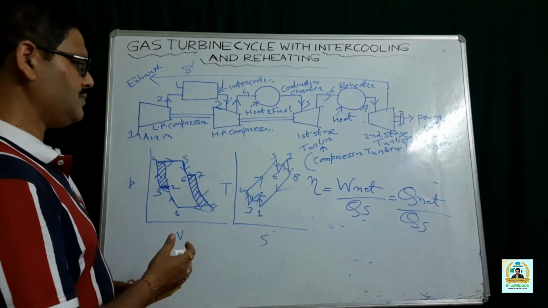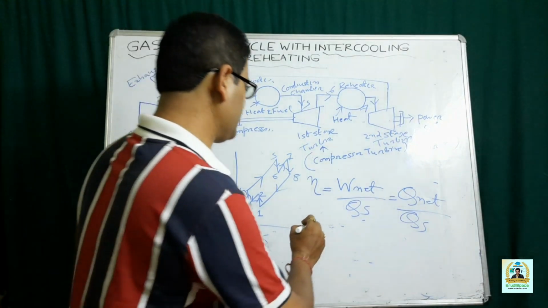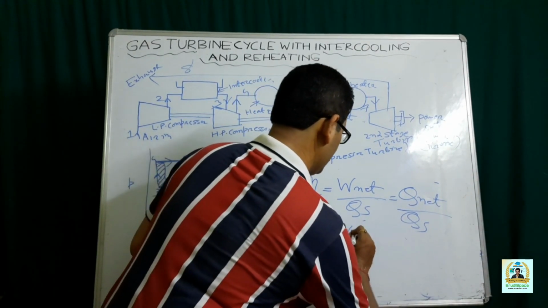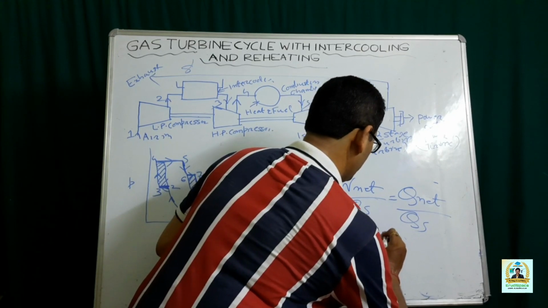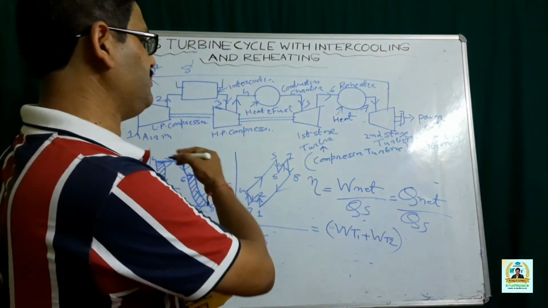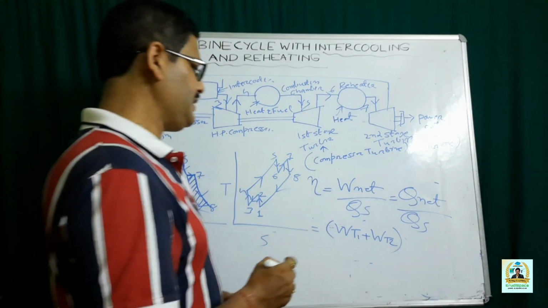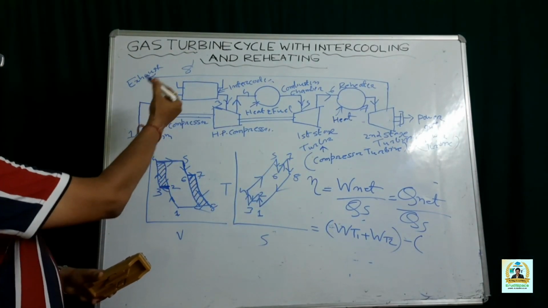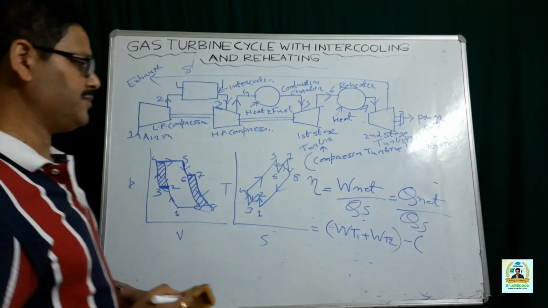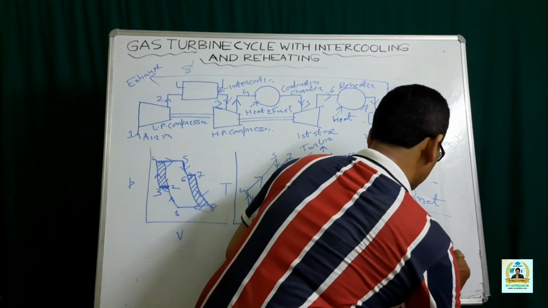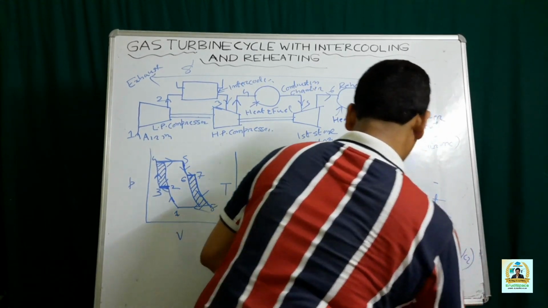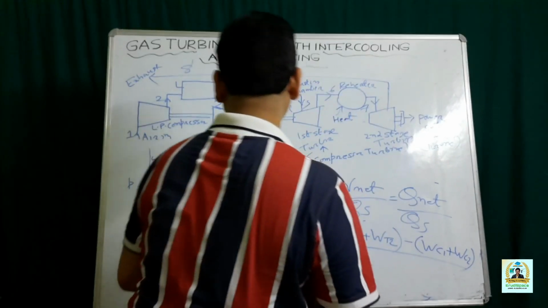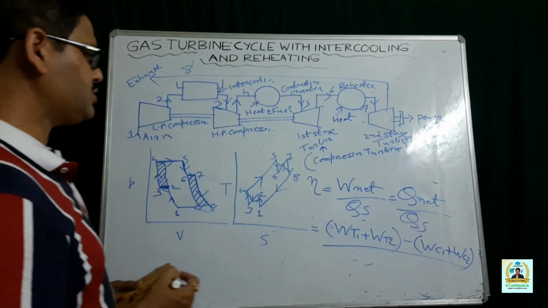And here, as far as the work output is concerned, you may represent W net as WT1 plus WT2, that you are getting in both the first and second stages of the turbine, minus the work that is being consumed in the LP compressor or first stage compressor, and HP compressor or second stage compressor, that is WC1 plus WC2, divided by the heat supplied, and heat supplied is also taking place in two stages.